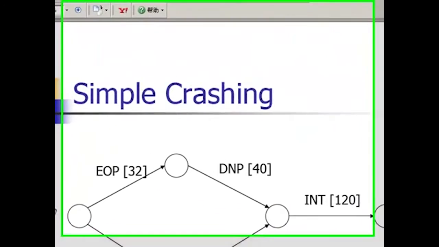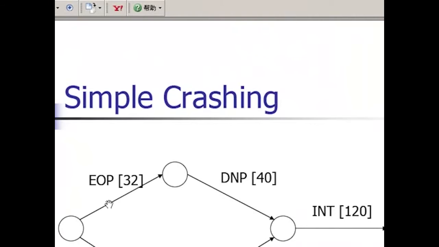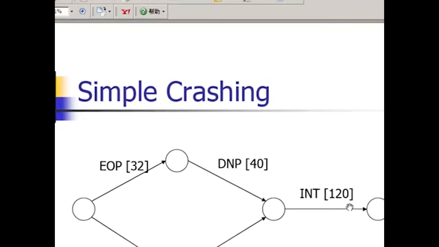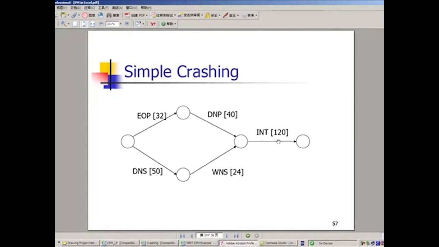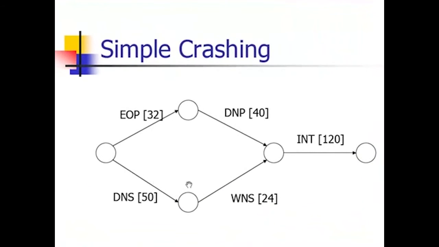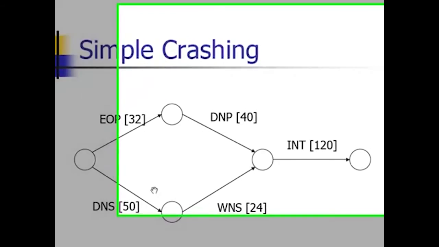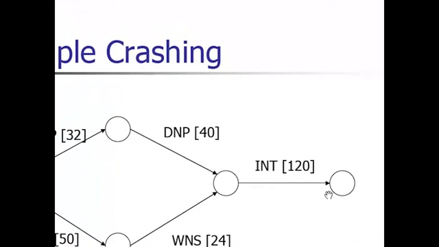On the top path it takes 32 plus 40 plus 120, so in total 192 hours to finish. But on the bottom path, 50 plus 24 plus 120, so it's 194 hours to finish. This is the longest path, which is also the critical path of this project.